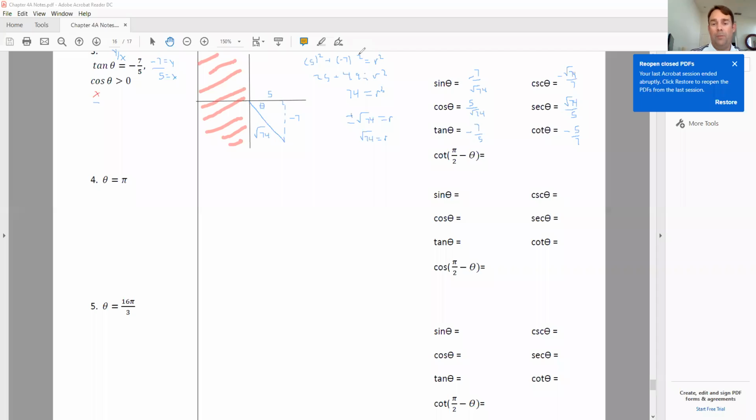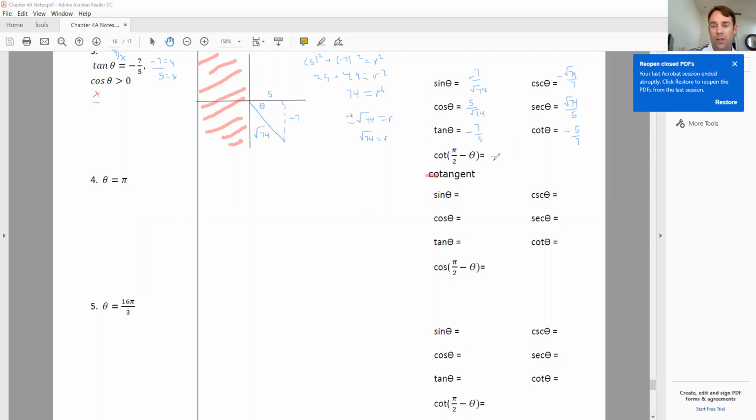And then we have our complementary function here. Cotangent, and we look at it. And since it has a co, we cross it off and we realize that its cofunction would be tangent.